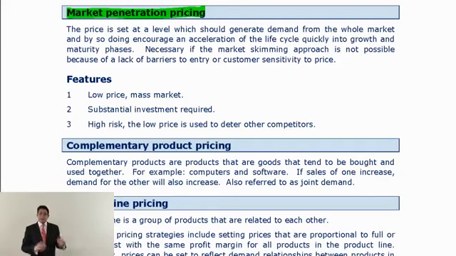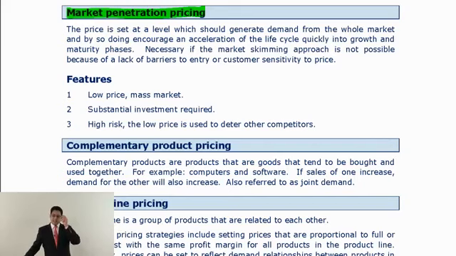The aim is to make the people addicted, to get the people used to the product, to become part of this product, so that they can't live without it. So generally the price kept is very low. With the passage of time, the price can be increased as well, but the aim is to stay in the market for a very, very long period of time.